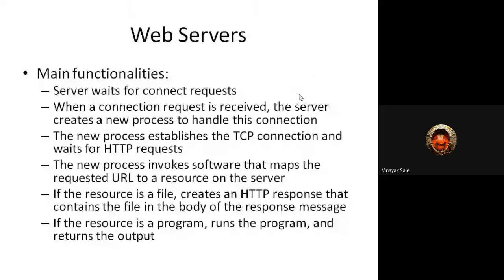Then we have seen web servers. What are the main functionalities of web servers? First, the server waits for a connection request. When a connection request is received, the server creates a new process to handle this connection. The new process establishes the TCP connection and waits for an HTTP request.